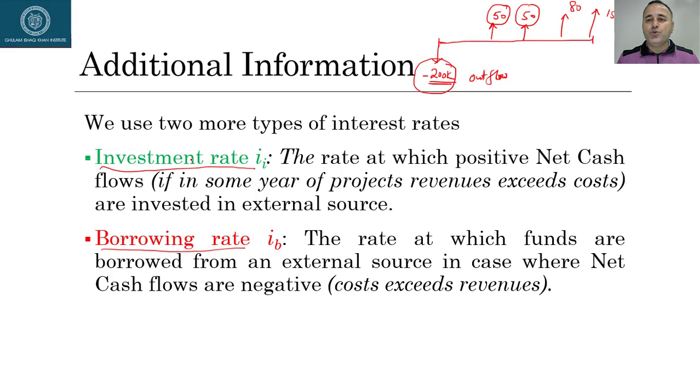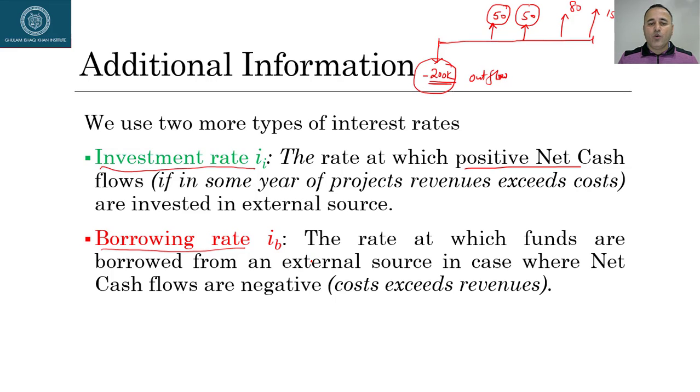So I use two different rates. For the positive cash flows, I use the investment rate, because I have the opportunity to invest that money. On the other hand, the negative cash flows, the outflows, I need that money to start a certain project.